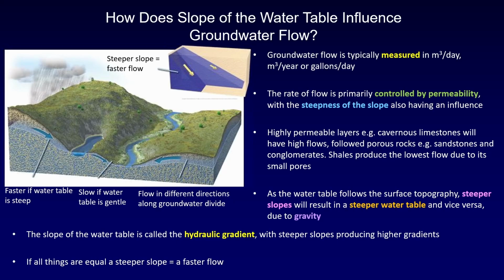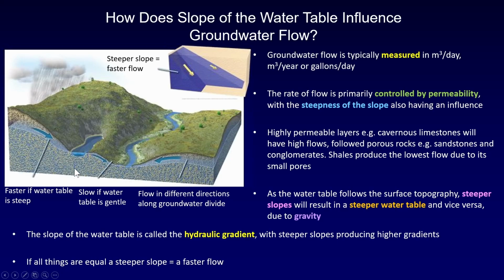And then, obviously, you also have the steepness of your water table having an effect as well. So if you have, in this case, a sequence where the entire area is underlain just by one layer of rock, so the permeability and the porosity is consistent across the entire diagram, what is going to be driving the groundwater flow? The answer is going to be the slope of the water table.